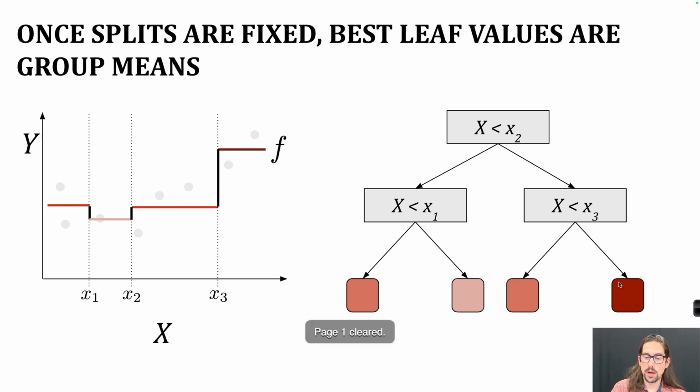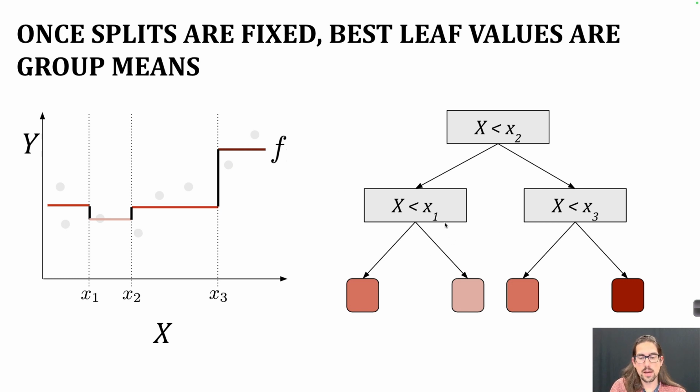So if the buckets are already fixed, all you need to do is just compute the group means in each of these buckets and say that's the predicted value. You can't do better than that in terms of mean squared error. And you can prove that if you want. You can ask ChatGPT basically to say among constants, the minimizer of mean squared error is the sample average.